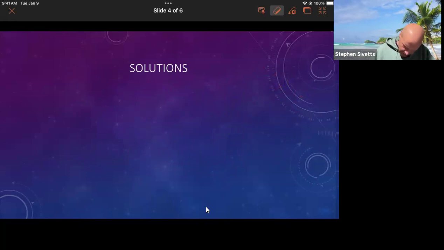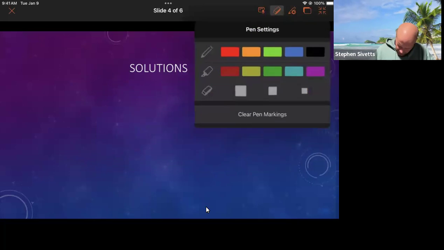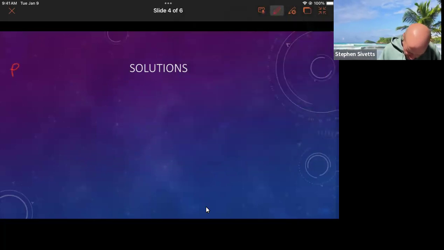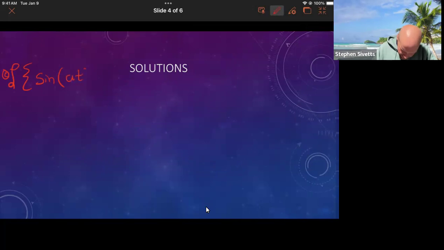And we're going to talk about the Laplace transform for sine of at. So this equals the integral from 0 to infinity of sine of at times e to the negative st dt.